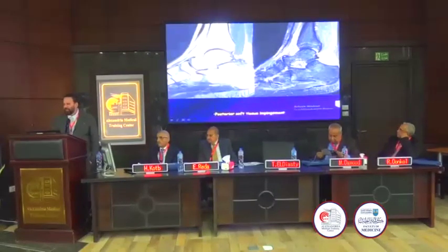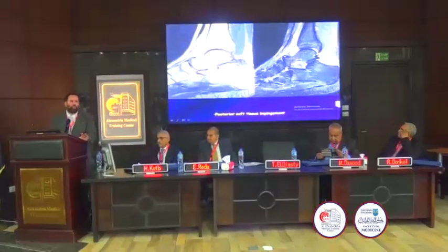So here on the T1 weighted image, we see replacement of fat, and we see ill-defined edema on the T2 weighted. So this would be posterior, and it is soft tissue.